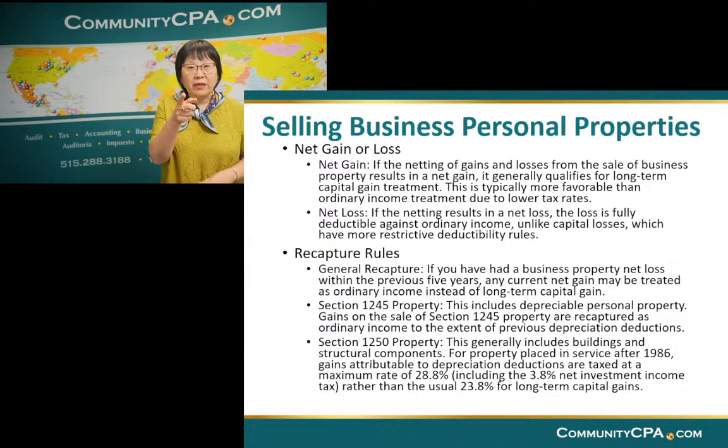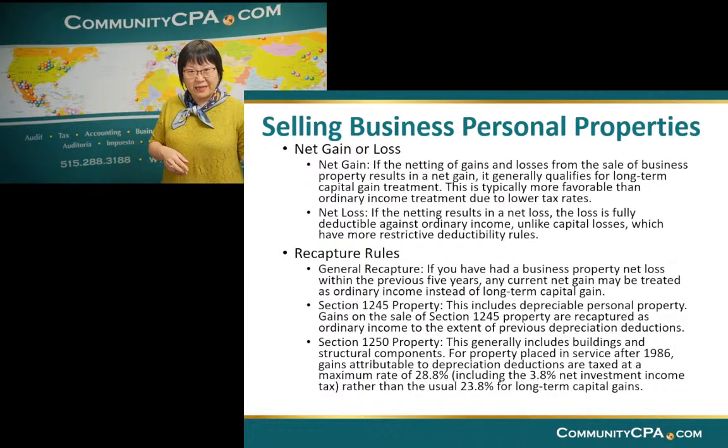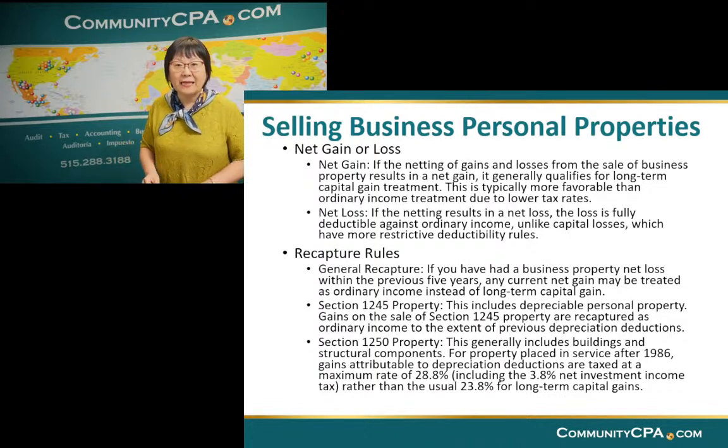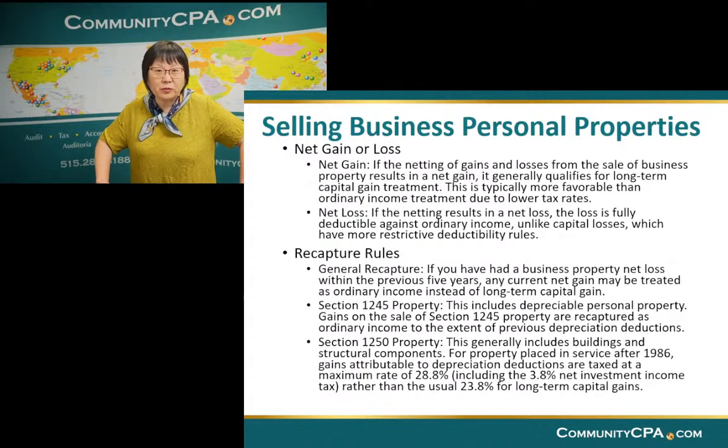The 23.8% for long term just gives you the 20% long-term rate. You remember that's the 20% maximum long-term capital gain tax rate plus the 3.8% net investment income tax. That was imposed during President Obama's time. So those are new taxes on the gain.